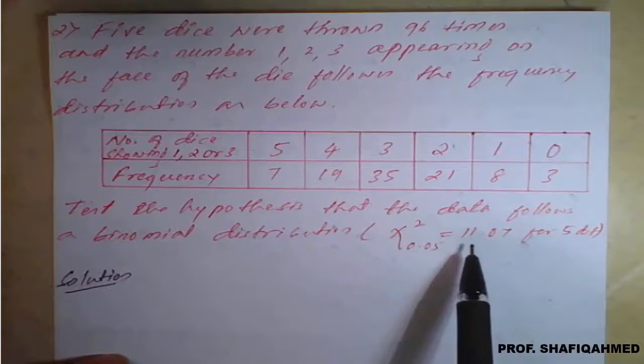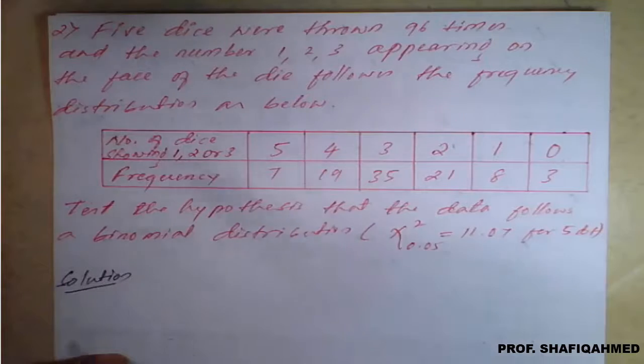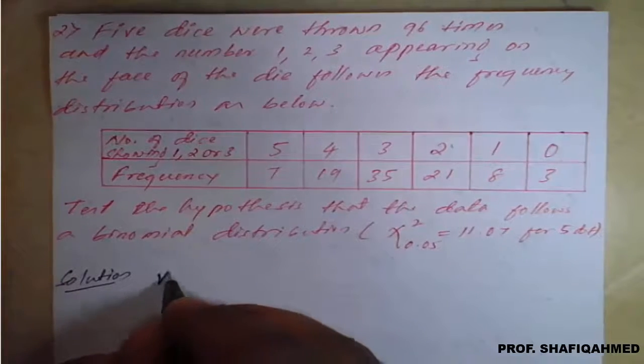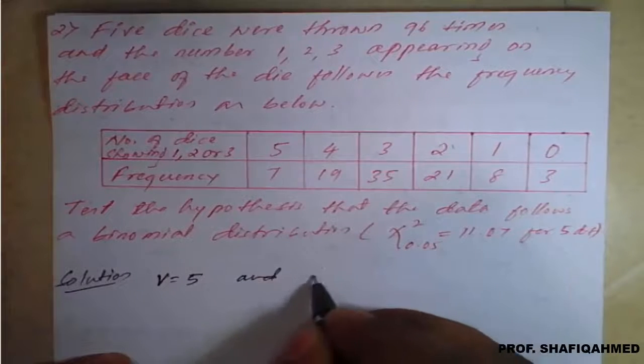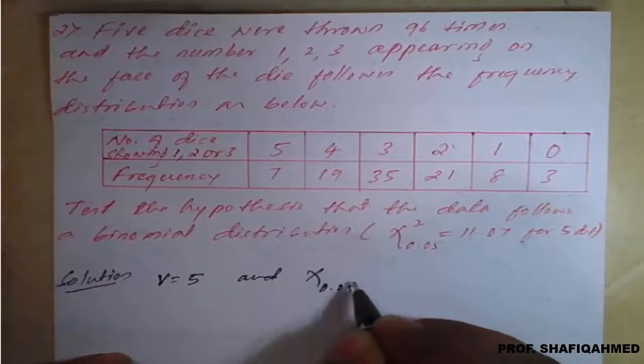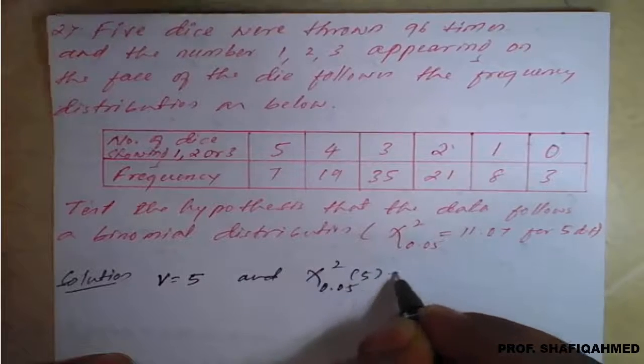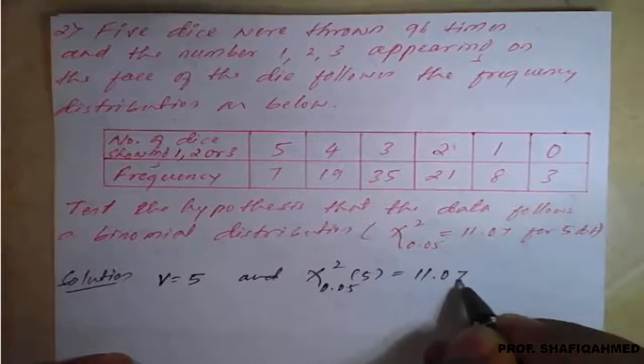So the chi-square table value is 11.07. So solution: v is equal to 5 and chi-square of 0.05 of degree of freedom 5 is 11.07.